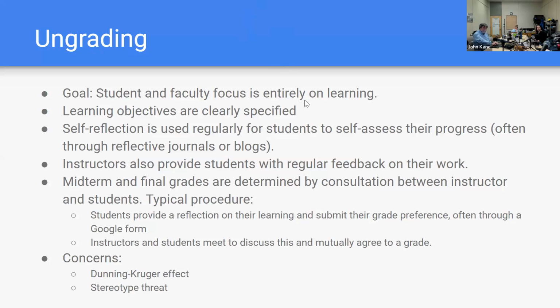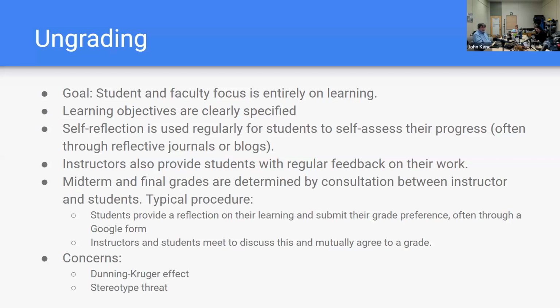But in smaller classes, this is a really effective way of shifting your focus away from grades. And if students are focusing on maximizing their learning rather than getting the highest grade, there's really no reason for them to consider using AI as a substitute for learning. You can still build AI use into this. We'd be doing our students a disservice if we don't teach them how to use AI effectively and critically.